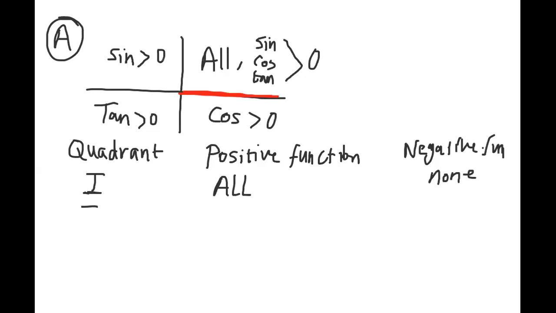For the second quadrant, if my angle stops in the second quadrant, the only positive functions are the sine and its reciprocal, 1 over sine, which is cosecant. The negative functions, the rest, are the cosine and its reciprocal secant, and the tan and the cotangent.